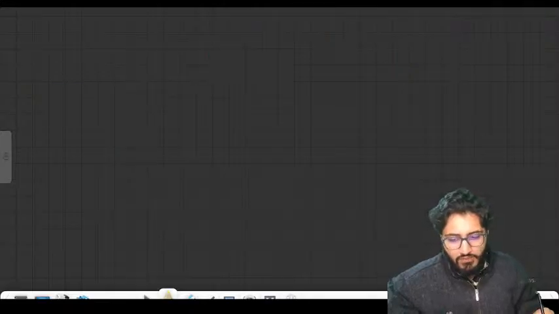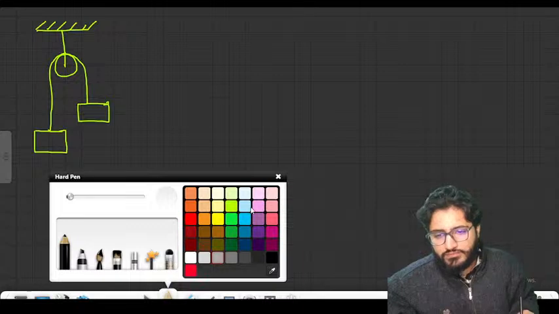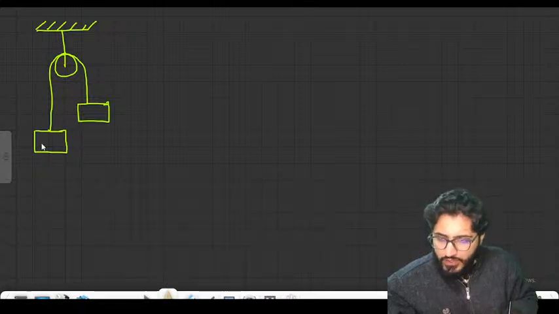Let us do a numerical now. We are having a pulley system. Two blocks are connected with this pulley, this one with mass m1, this one with mass m2.